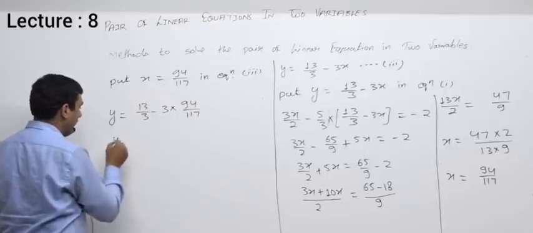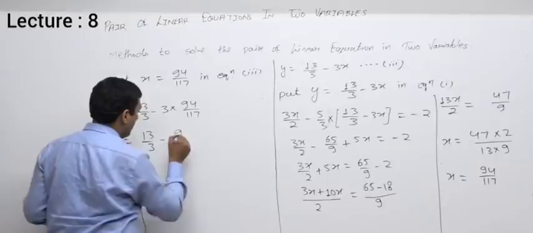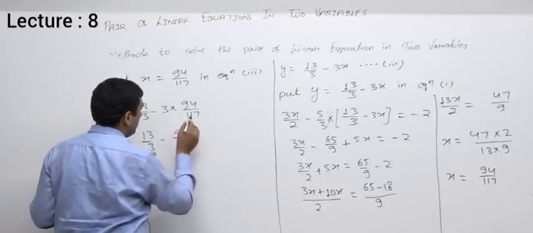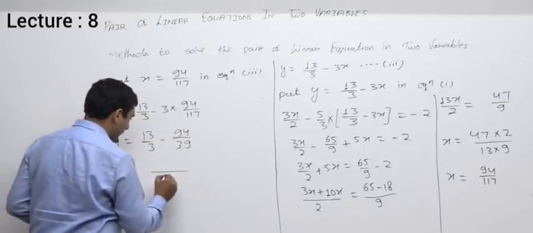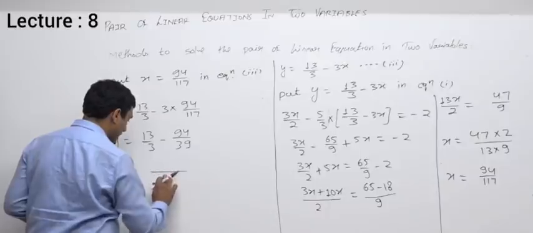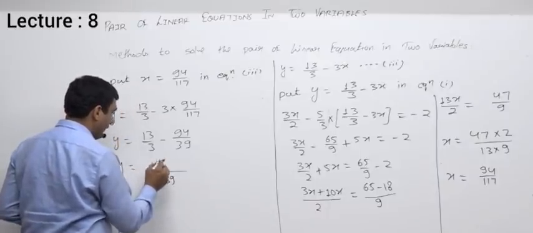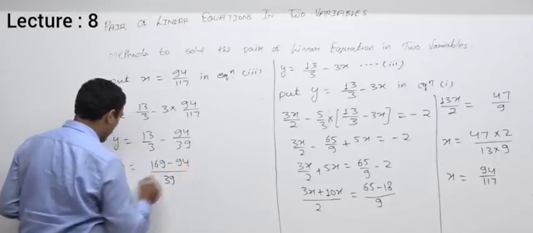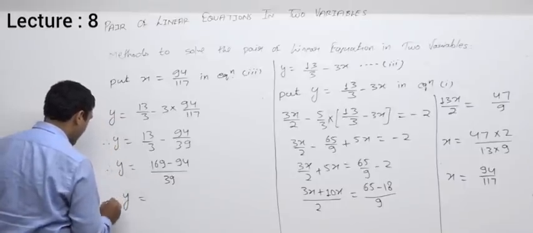So y is equal to 13 upon 3 minus, we can cancel this, 94 upon 39. So here y is equal to, LCM will be 39, and here it will become 169 minus 94.